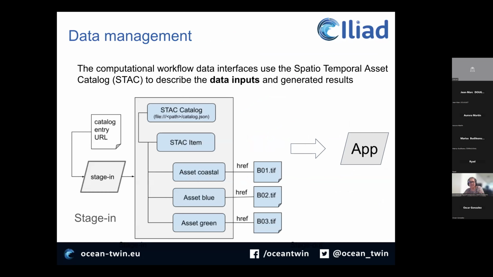In terms of data management, what we are dealing with here is one of the most complex issues you have when doing applications and workflows. We are really adopting the SpatioTemporal Asset Catalog, STAC, definition to describe the inputs of a given model and the outputs.